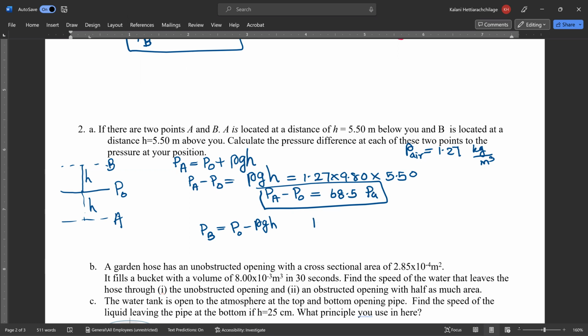So now if I calculate PB minus P naught, since everything is the same, the only difference is you have negative rho G and H, right? Because of that, PB minus P naught will be the same value, but negative 68.5 pascals.